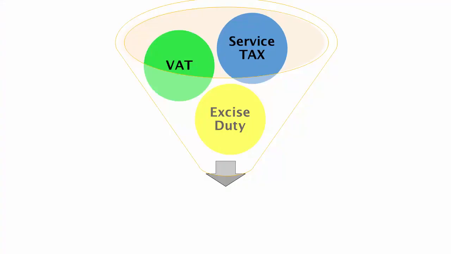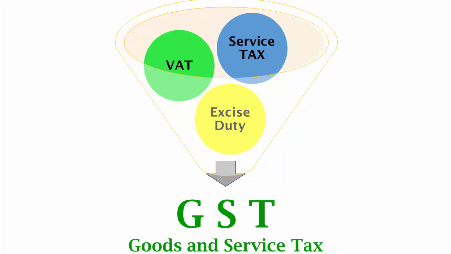After July 1st, 2017, the government decided to merge all these indirect taxes into one single tax known as goods and service tax. Goods and service tax is very much existent in developed countries like Singapore, Australia, etc. The government wanted the complications to reduce.